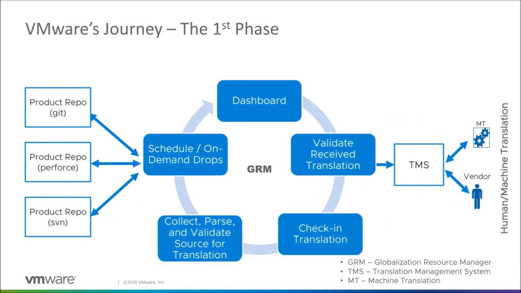So the second task is how to unify the source format for the outside translation, but when it comes back and is consumed by the product itself, it goes back to whatever the target format is, as well as the encoding, so that from the translator's point of view, they will have fewer issues, fewer problems. And the third one is, by doing that, we are introducing parsers, how to parse the source format to a unified format.